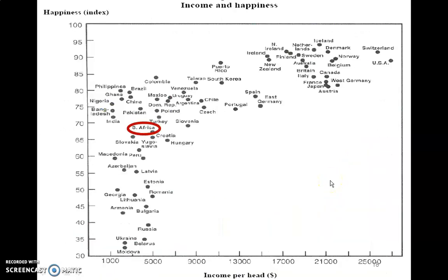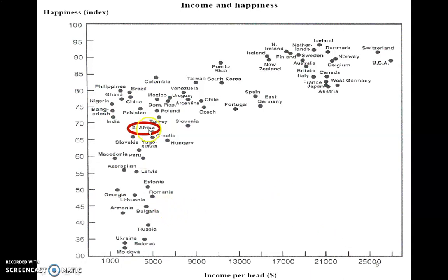What about the relationship between income and happiness? A country's income, in this case proxied by income per head in dollars, and some kind of happiness index. Well, it appears as if those countries that are richer also tend to be happier, okay?